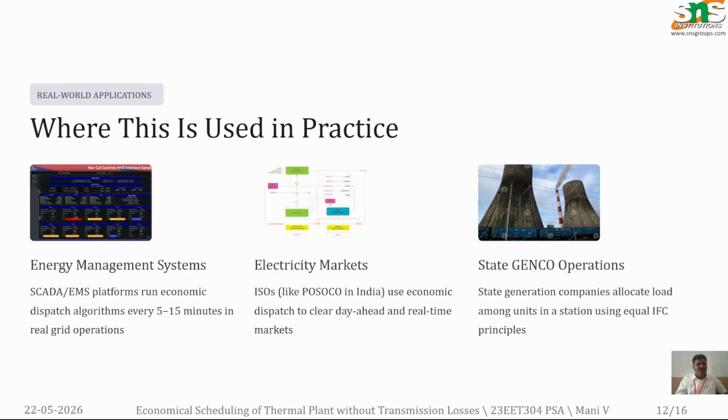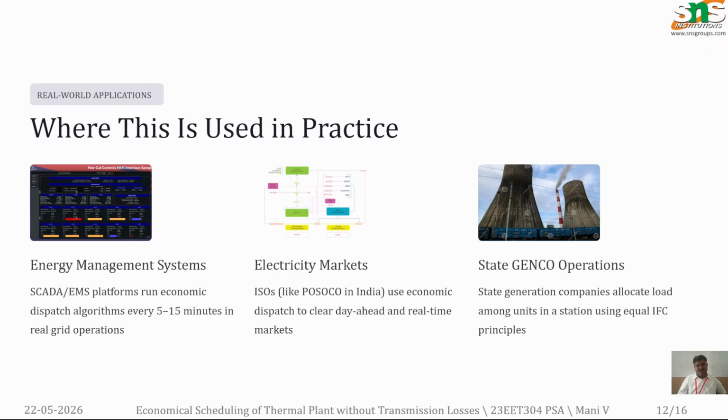This has real-world applications. It is used in energy management systems like SCADA, supervisory control and data acquisition, where the platform runs the economic dispatch algorithm every 5 to 10 minutes in grid operations.